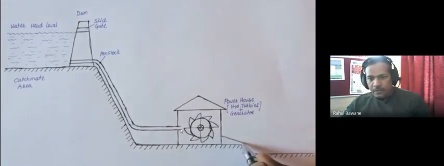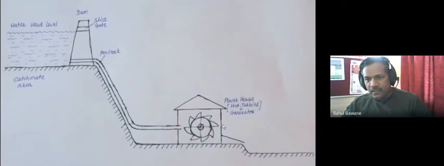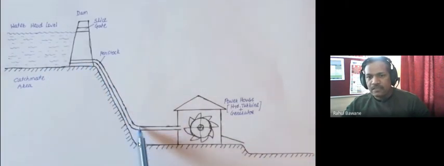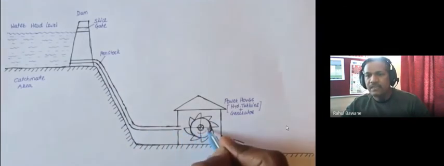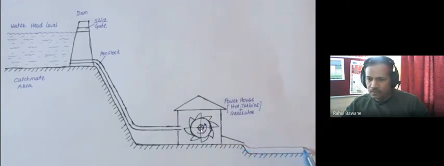Then what happens to that exhausted water? Once this water rotates the turbine, the exhausted water should not simply be left at the same level. There are drawbacks. If I leave it at the same level, then this whole plant will be submerged underwater.